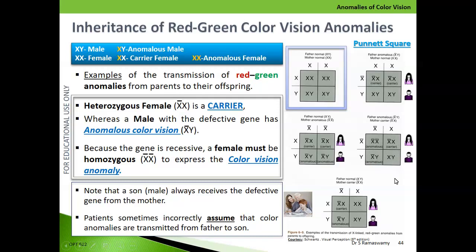So in an exam situation, you could be tested by asking what percentage of daughters are color defective, or what percentage of daughters are color normal, or what percentage of daughters are carriers of the gene, whereas in case of sons, it could be what percentage of sons are color normal or what percentage of sons are color defective.